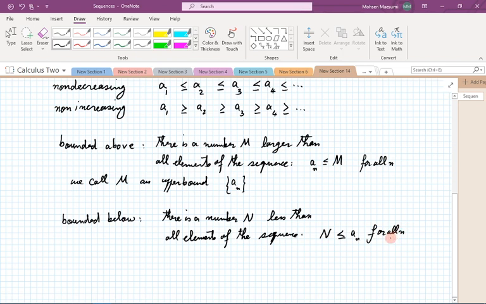So then we say the sequence an is bounded below by n, and we call n a lower bound of our sequence.